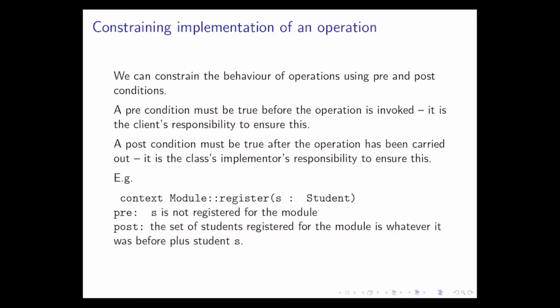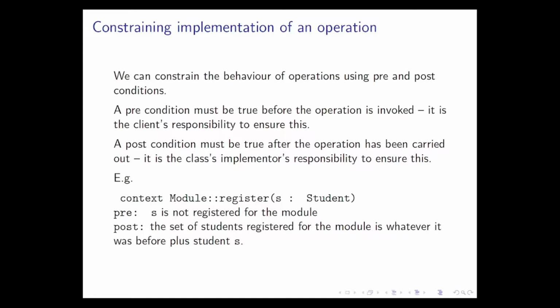We can constrain the behaviour of operations using pre- and post-conditions, and as I said, a precondition has to be true before an operation is invoked, and a post-condition has to be true after the operation has been carried out. So here's a simple example, which reminds you, I hope, of the syntax for expressing pre- and post-conditions, if you have seen it before, and it tells you if you haven't.